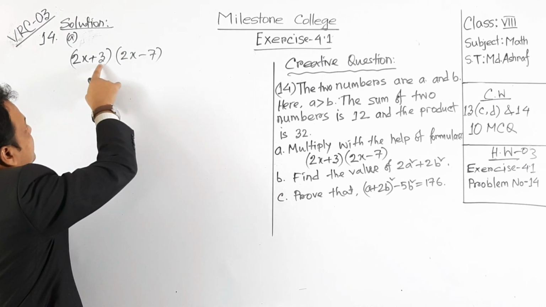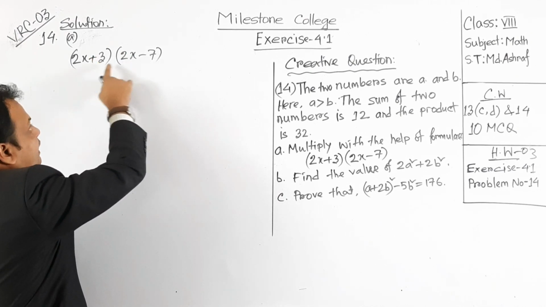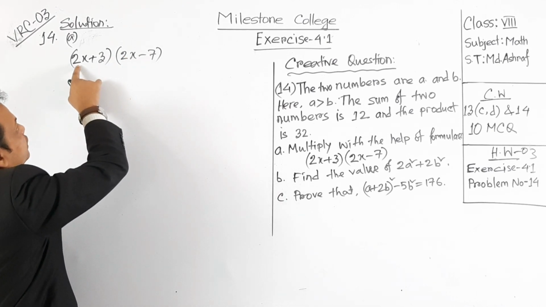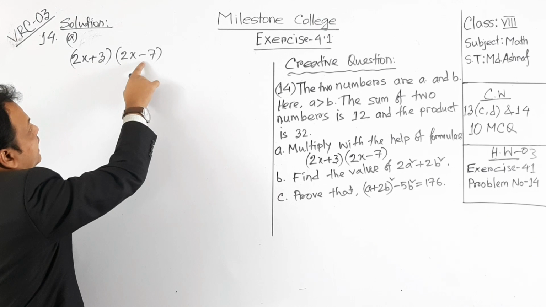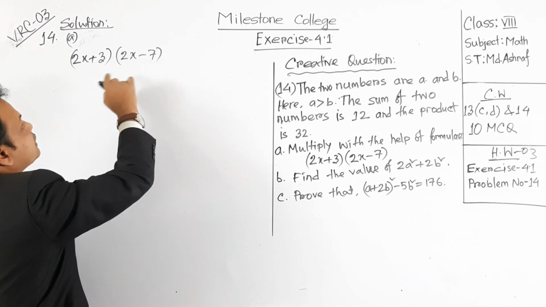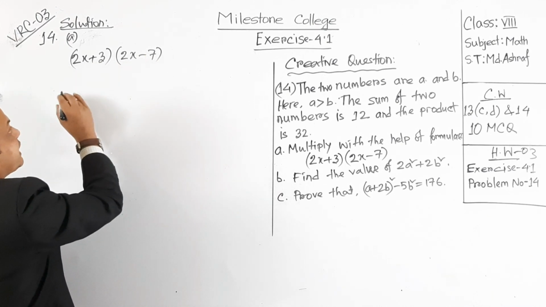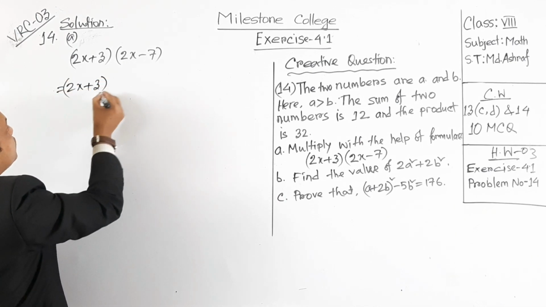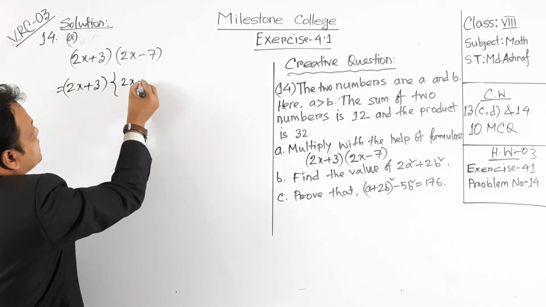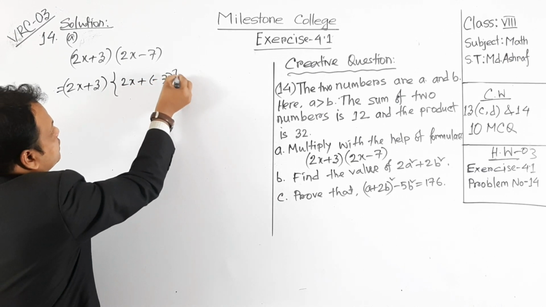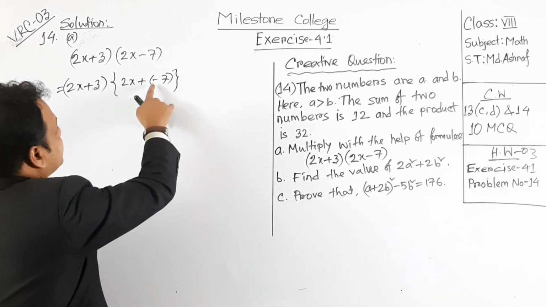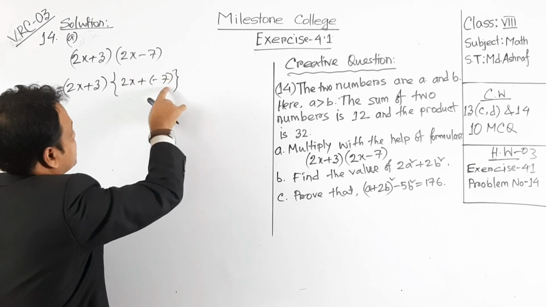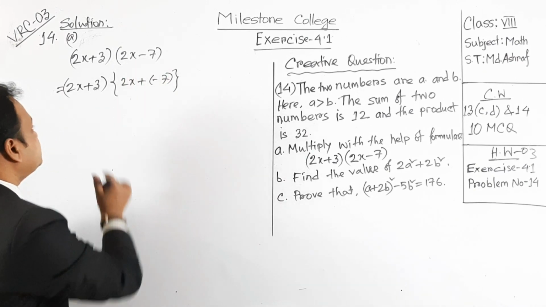So x and 3 is A and 7 is B. So what do you get? X plus A, x minus B. So we want to make it plus. So how can we make it plus? 2x plus 3 into 2x plus minus 7. If you eliminate the bracket, then plus minus will be minus. So this expression and this expression remain the same.